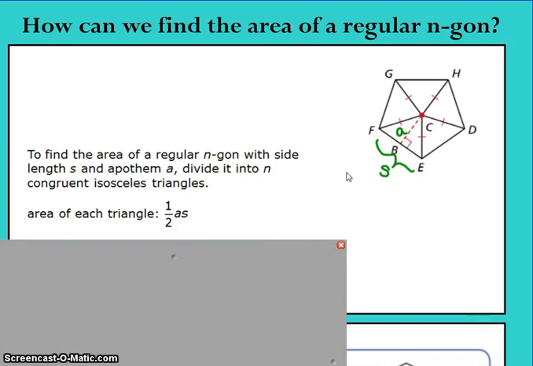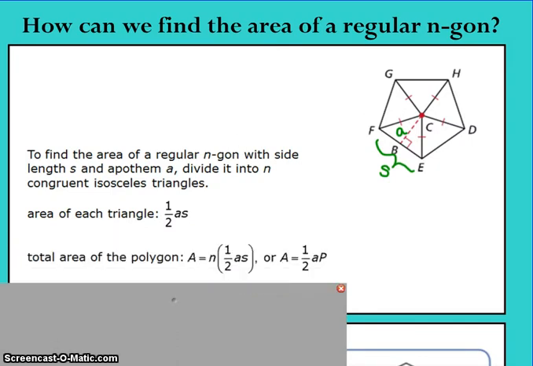Now, the total area of the polygon is the area of this triangle times however many sides, because that's the same number. So the area of the polygon is the number of sides times the area of each triangle. In this case, I have 5 triangles, so once I find the area of the triangle, I multiply it by 5. Another way to think about this is actually 1/2 the apothem times the perimeter. Because if I have 5 sides, then it's 5 times the side length.